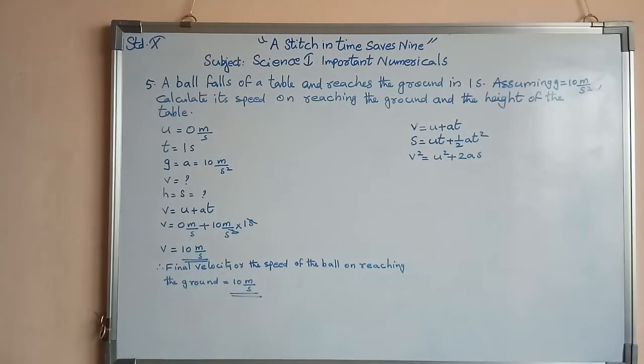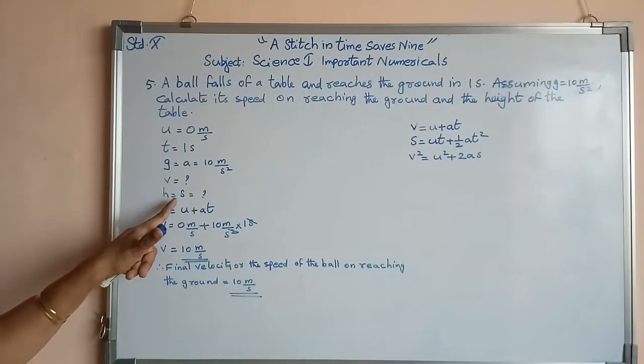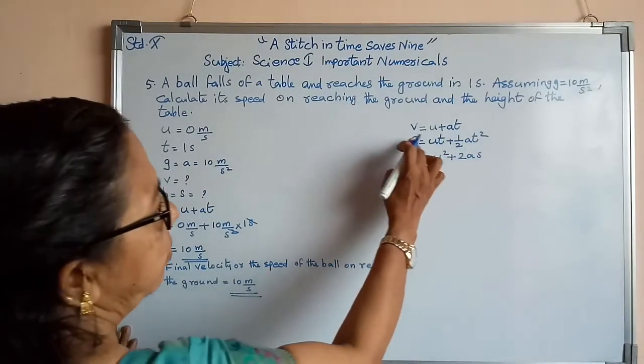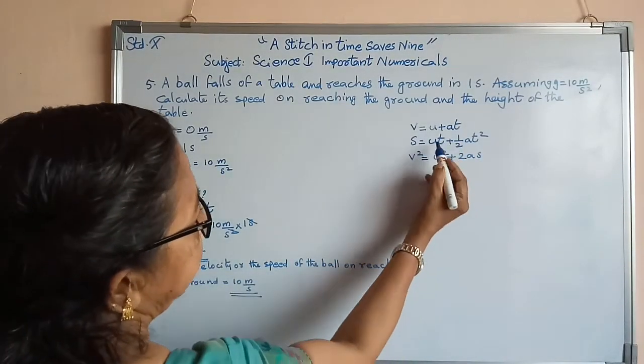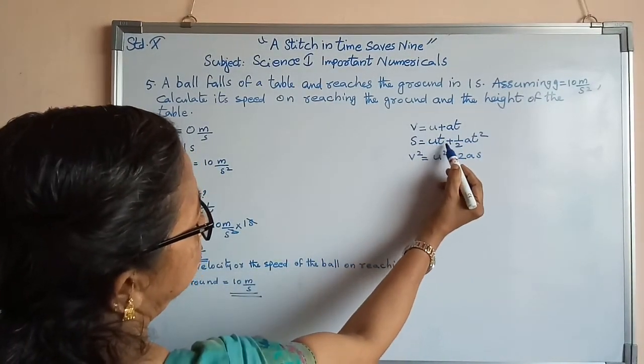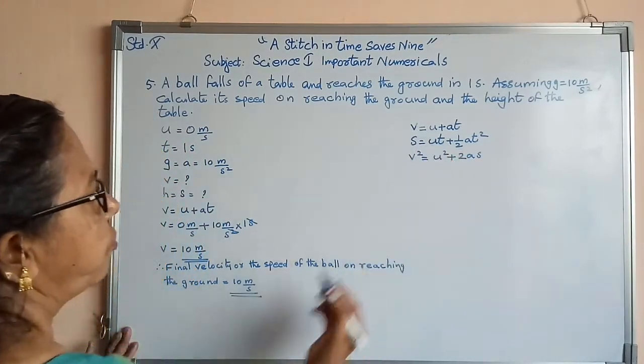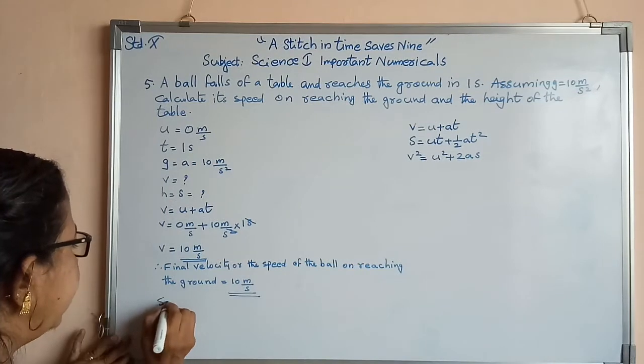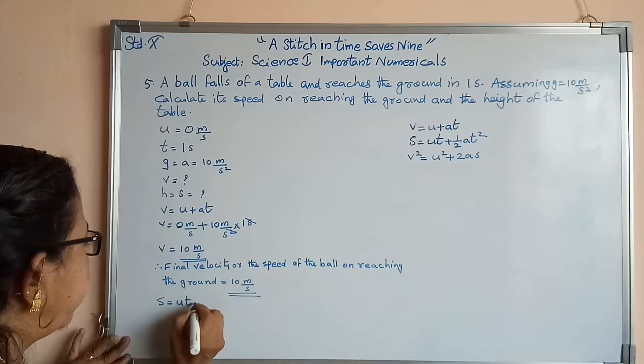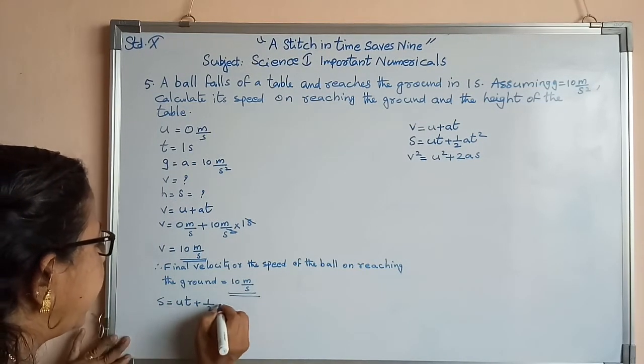Now here we have to find out one more thing, that is s. h is equal to s. For that we have this formula. In that we have u, we have t, we have a. So we can use this formula. That is s is equal to ut plus half at square.